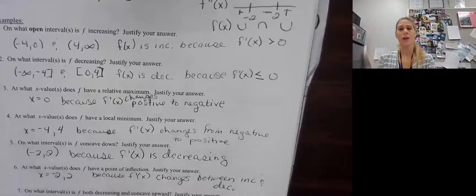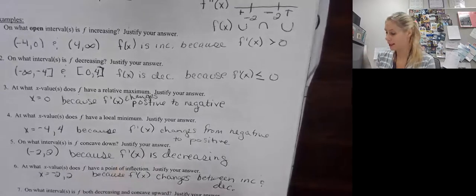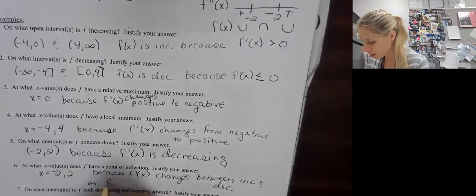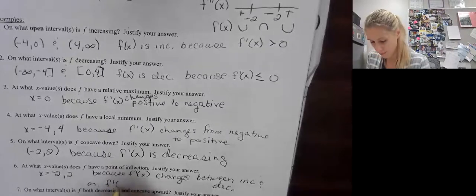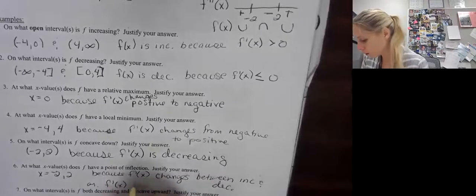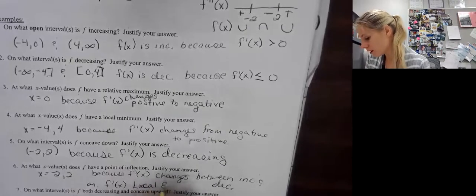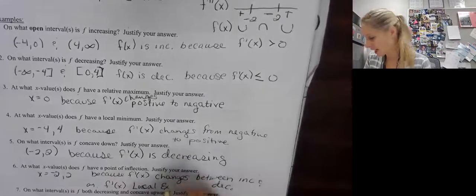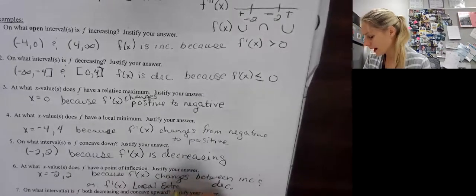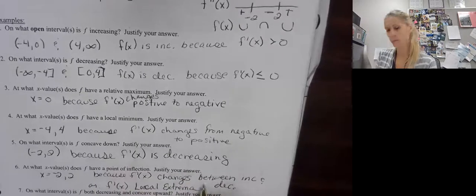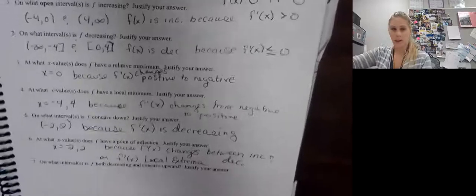Now, the other way we could say this, still using f prime of x, we could say that we know the concavity based on that f prime has local extrema. Remember the second derivative test? I think most of you are going to remember this first explanation.